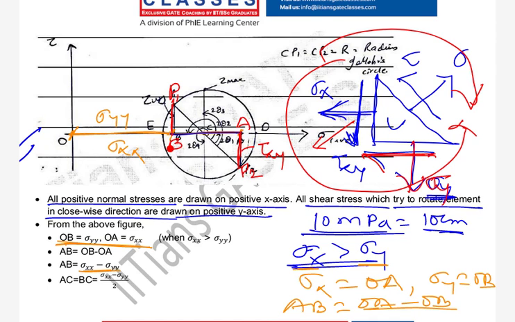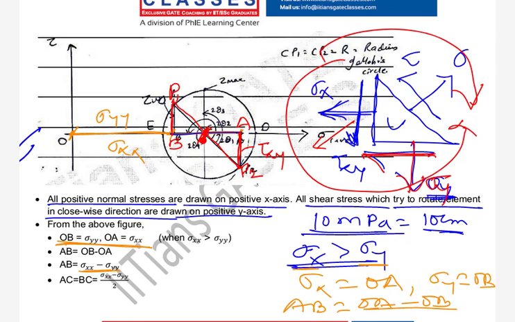Now what we can do, we can join P1 and P2. When you join P1 and P2, this will intersect your x-axis and that point is known as the center of the Mohr circle. Where P1 and P2 intersect is known as point C, and C is what?